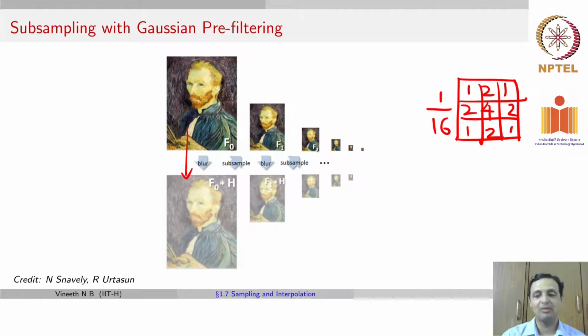Similarly, you can also build 5x5 kernels and so on and so forth. So you first apply that kernel on your input image. That gives you a blurred version of the image. Now you subsample. Then before you subsample again, blur, then subsample, blur, then subsample, and so on and so forth. Why do you think this works?